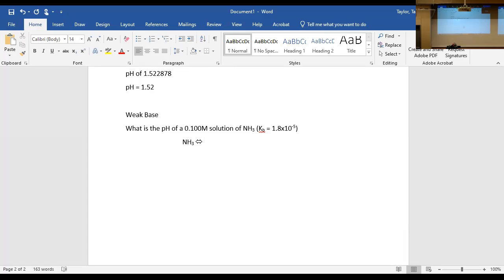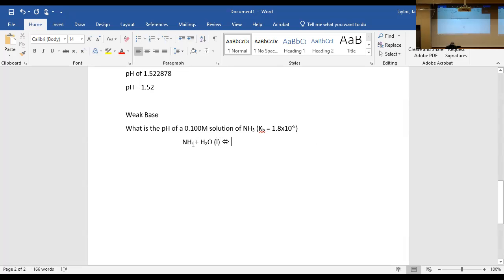Oh, I forgot a part. It's plus H2O, which is a liquid, or it's viewed as a liquid, because it's the solvent.